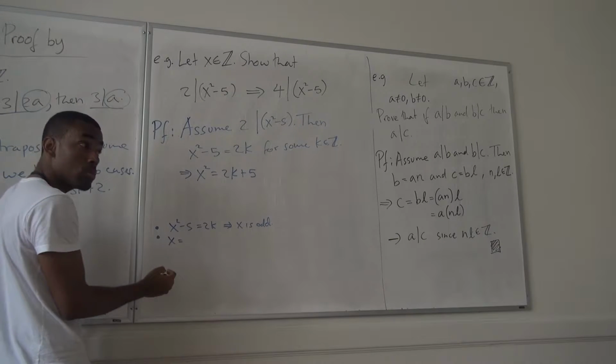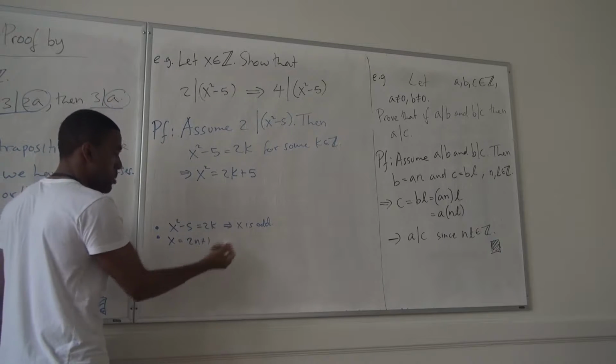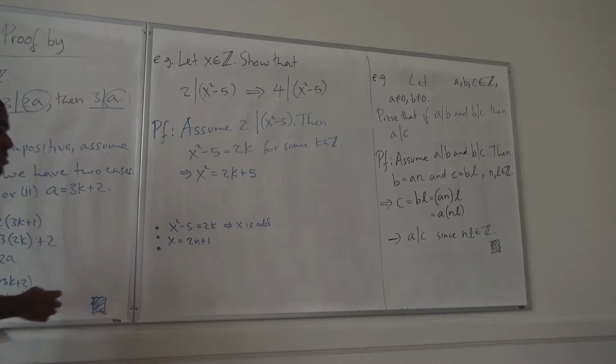x is equal to 2n plus 1. Yeah, okay, because it's odd. Yeah, we can't use k for the n. And then if we plug it in, but we still have... Yeah, you just said it, since 4 is divisible by 2, anything that's divisible by 2 will be divisible by 4.